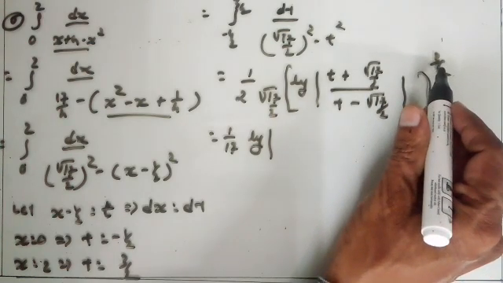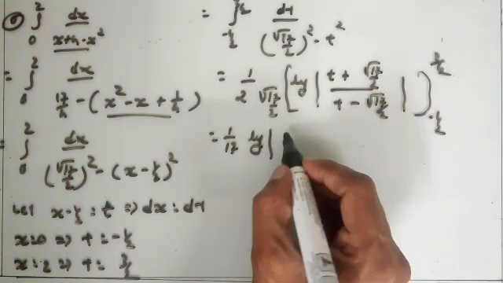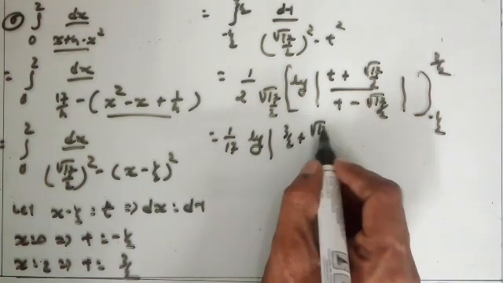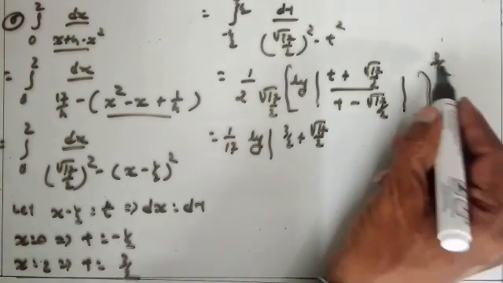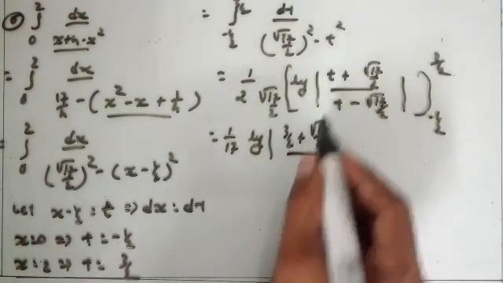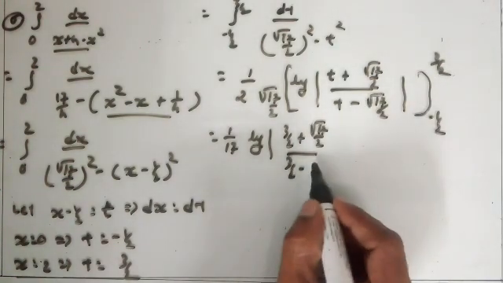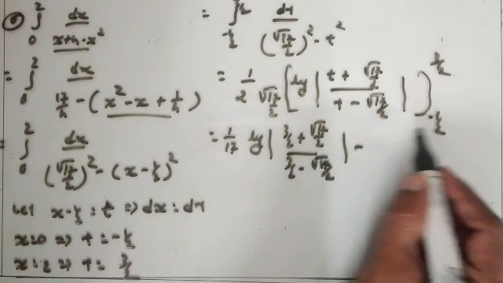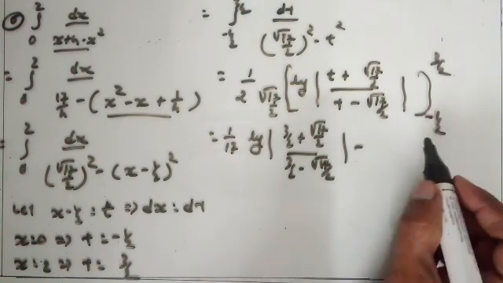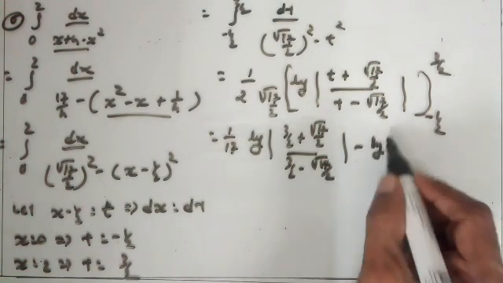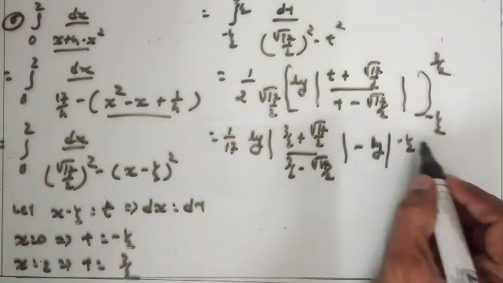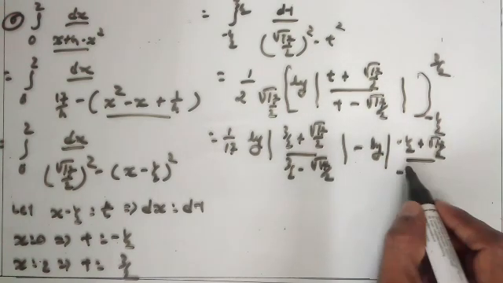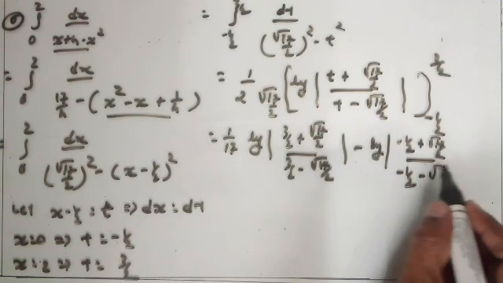Take t equal to 3 by 2: 3 by 2 plus root 17 by 2 upon 3 by 2 minus root 17 by 2, minus, take t equal to minus 1 by 2. So we get log of minus 1 by 2 plus root 17 by 2 upon minus 1 by 2 minus root 17 by 2.